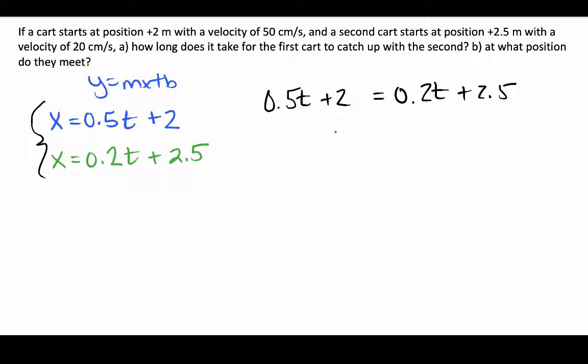I only have one variable, and so I can solve this now. Just use your algebra. We're solving for t, so I need to bring my like values over. This is being added, so I'm going to subtract.